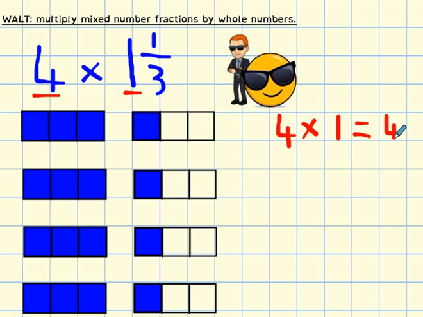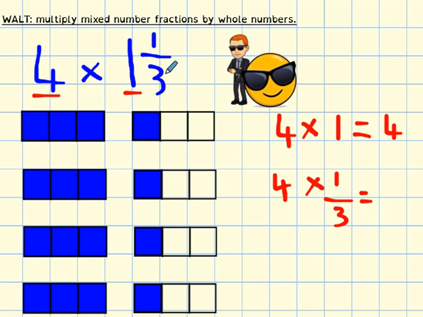Second step to success then is we need to do whatever we're doing lots of. So in this case, it's 4 lots of 1/3. So we're doing 2 whole numbers multiplied together here, and then we're doing whole number multiplied by the fraction, which in this case is 1/3.